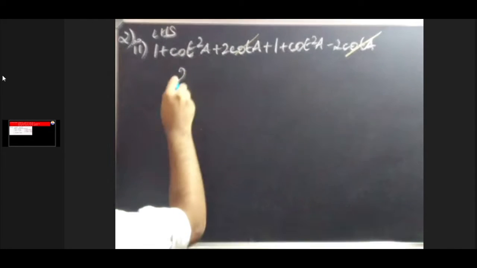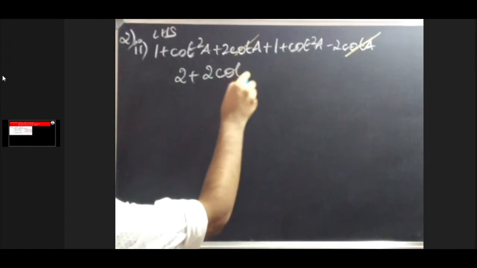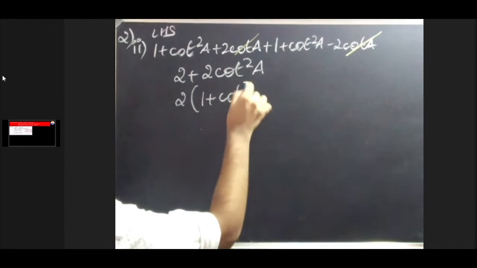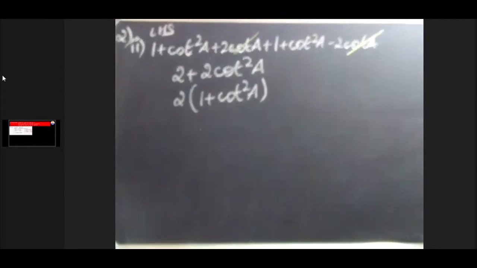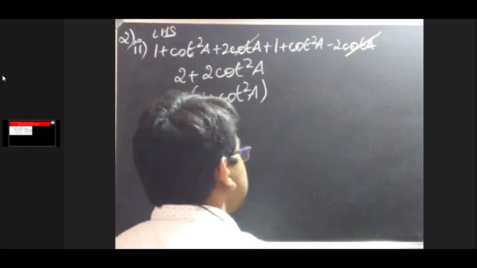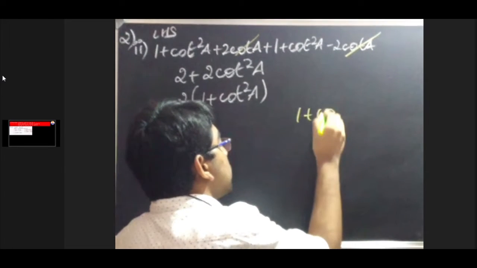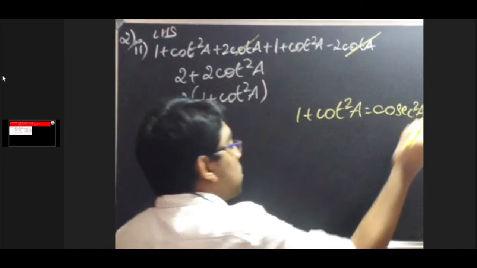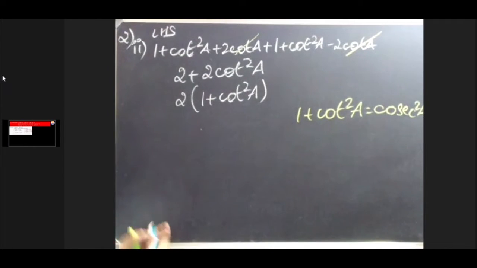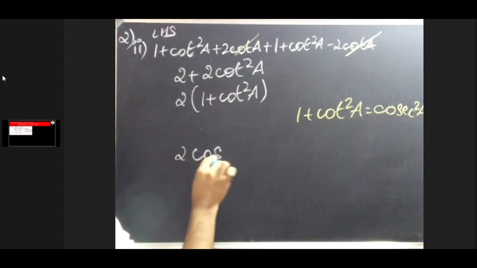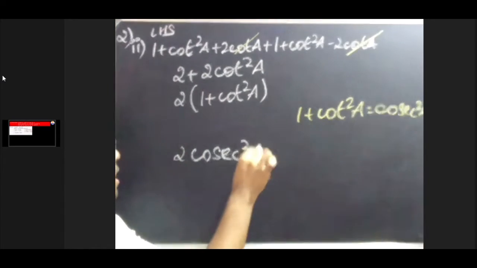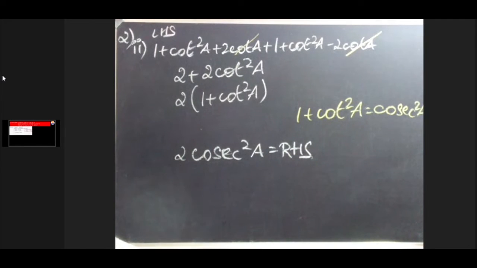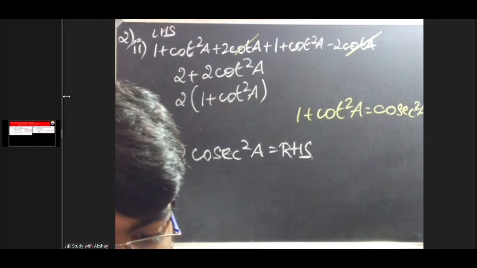We will be getting 2 plus 2 cot square A. 2 we will take as common: 1 plus cot square A. We know that 1 plus cot square A equals cosecant square A. So using that, 2 cosecant square A, which is required in our RHS. Hope all are getting a clear picture of how to solve the problem.